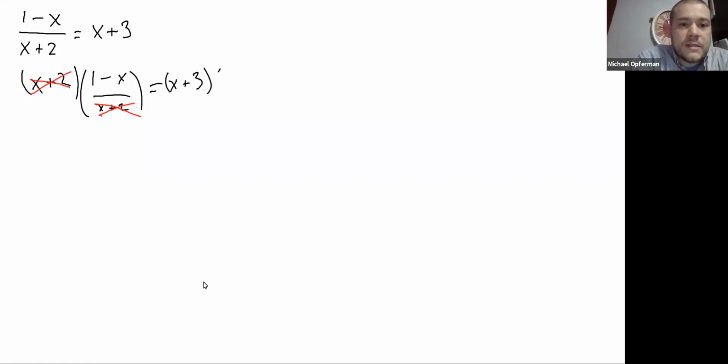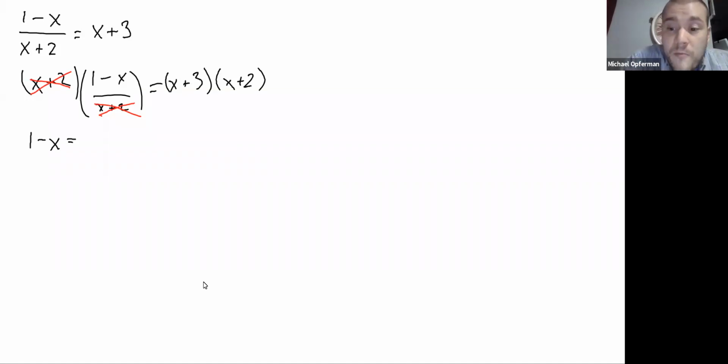On the right-hand side of the equation, we've got to multiply by an x plus 2, as it were. So the left-hand side of the equation just becomes 1 minus x. On the right-hand side, to multiply those two together, we need to add together every possible combination of the two things in parentheses.